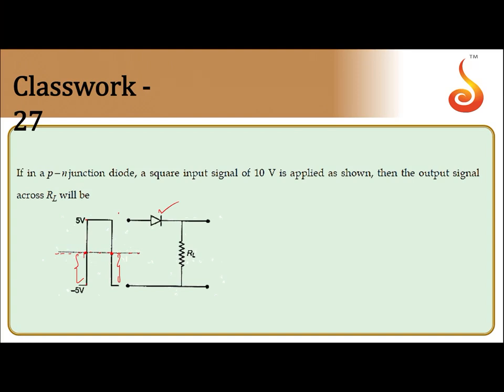when it is supplied to the diode, then for upper half of the square wave it will be forward biased. For lower half it will be reverse biased, but because it is negative voltage, only upper half will be transmitted.